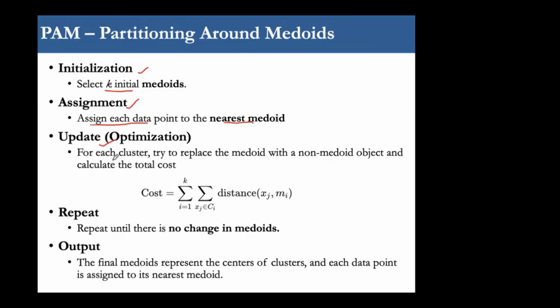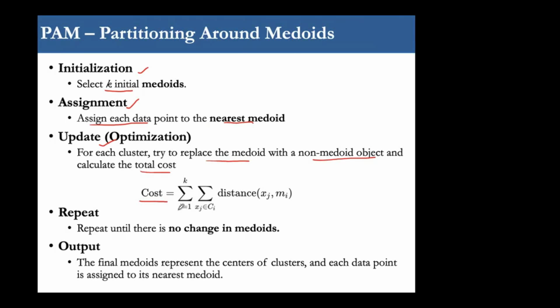The next step is the update step, or otherwise the optimization step. Here, for each cluster, we try to replace the medoid with a non-medoid object and calculate the total cost, where this total cost is the sum of distances of all points to their assigned medoid. So this is how the total cost is calculated.